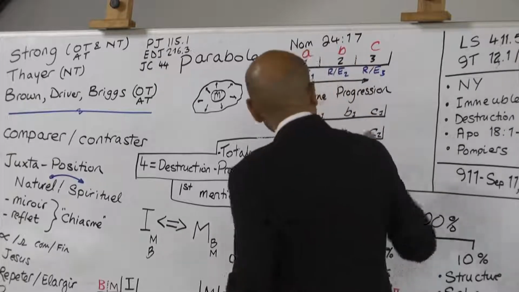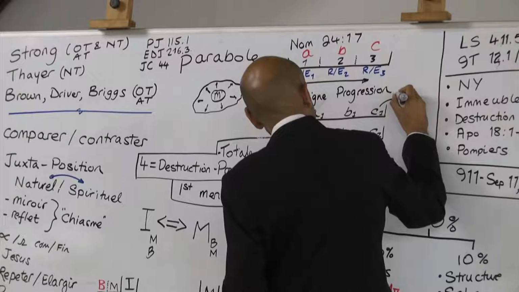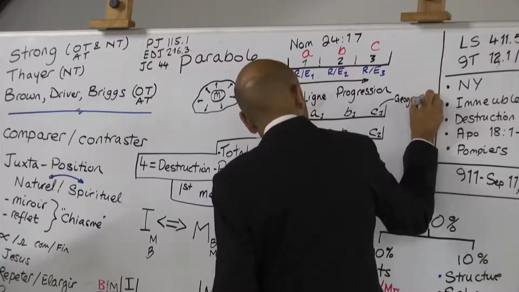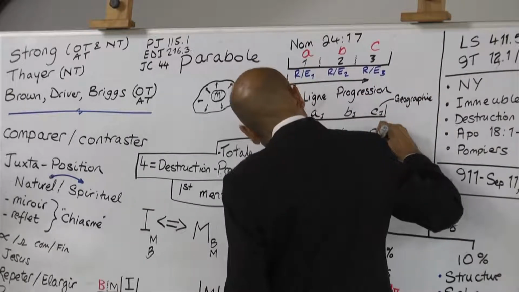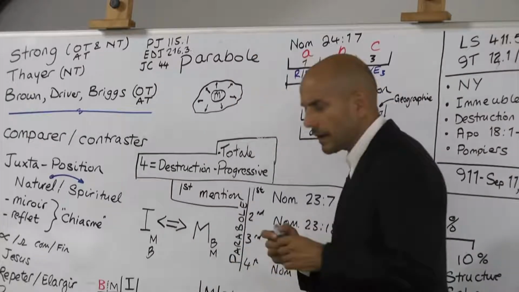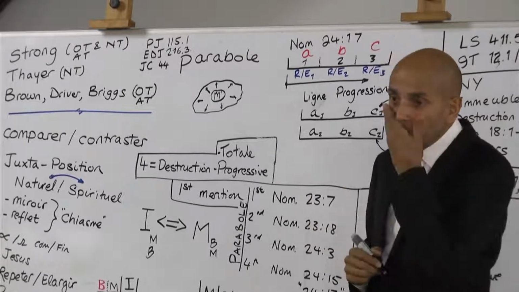So C1 is geography. But C2, that's not geography, even though it means the same thing.